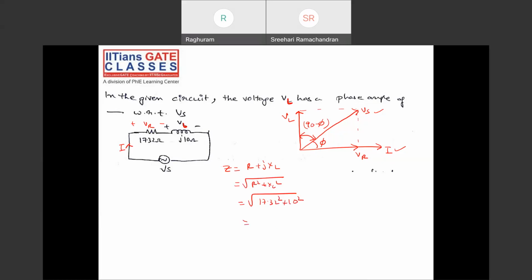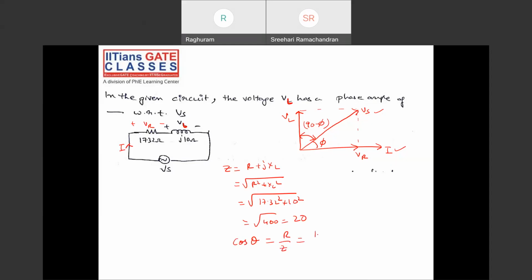What is this? 300 plus 100, under root 400, which is 20. Z is 20. So cos theta is R by Z.